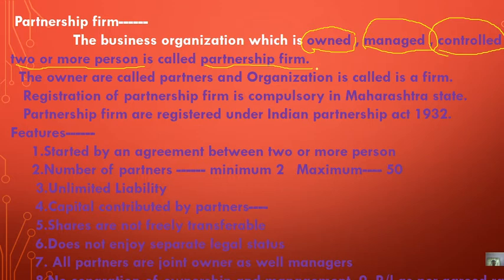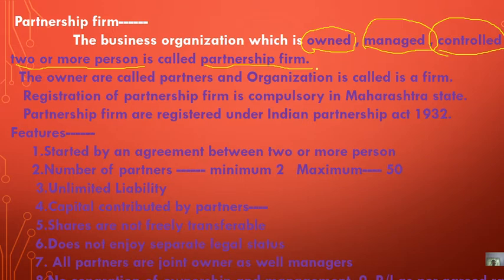Next feature, shares are not freely transferable. If there are more than two partners in a partnership firm, and due to death, insolvency, insanity or dissolution, one person wants to transfer his share, there are restrictions on transferring the share, because the consent of all remaining partners is also required.